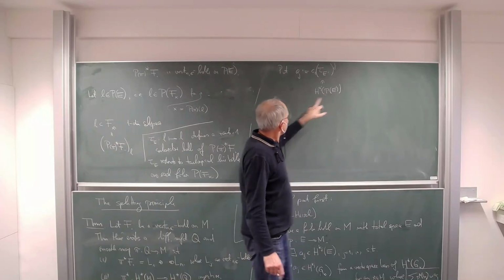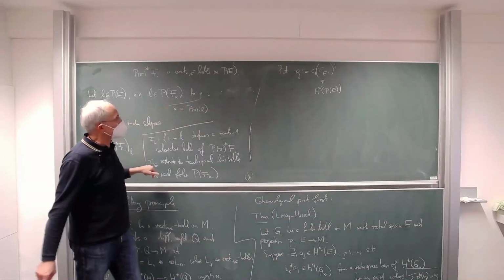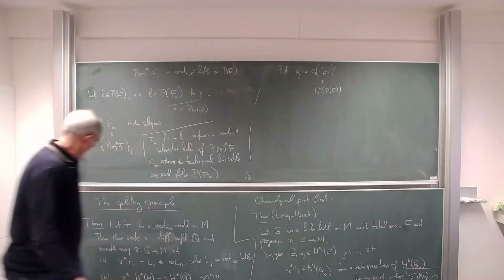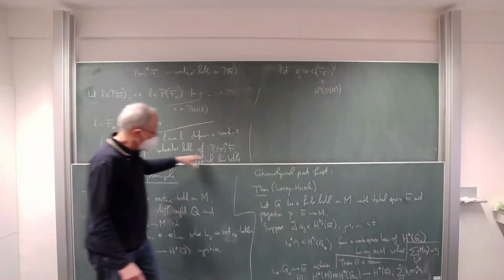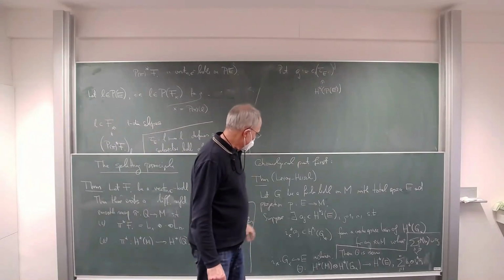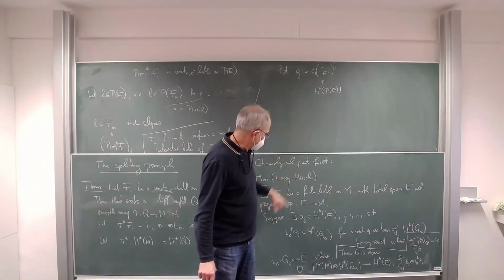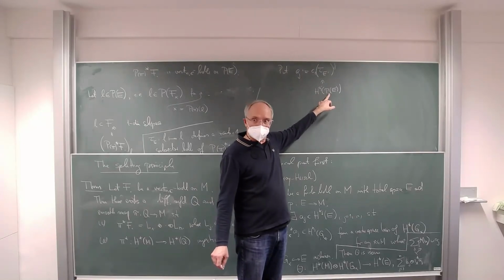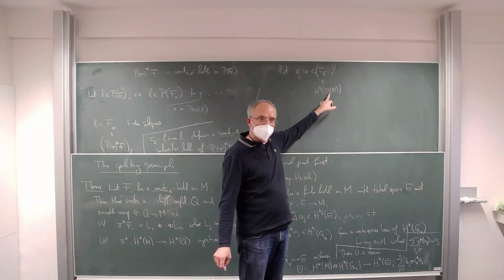Because I take this tautological bundle here, I have these classes, but now I switch viewpoint and look at the Leray-Hirsch theorem, considering the projective bundle, and then I have these classes in the total space of this projective bundle PE.